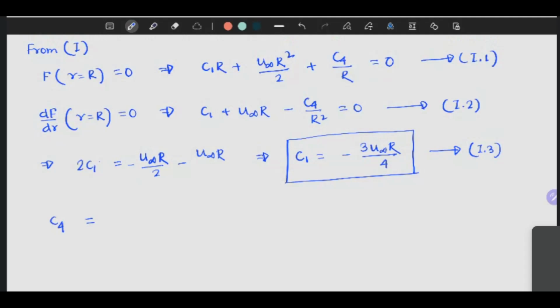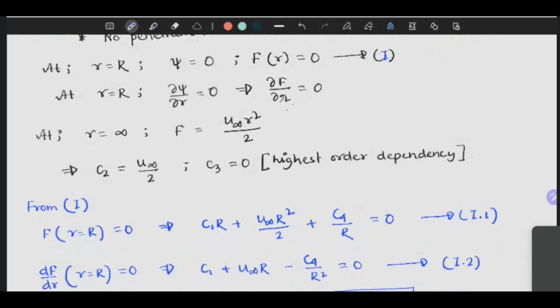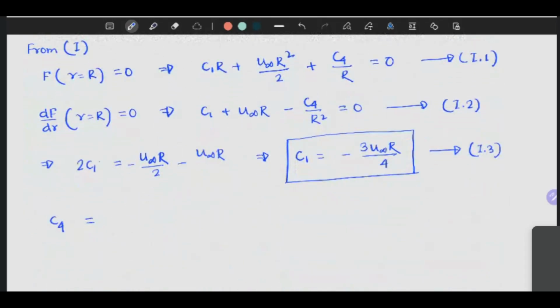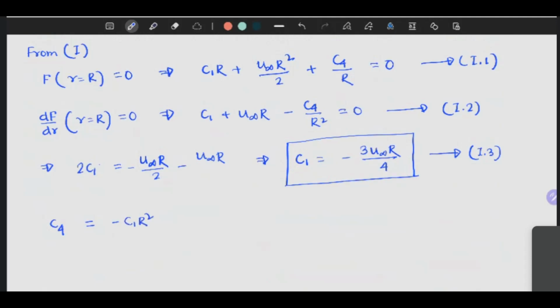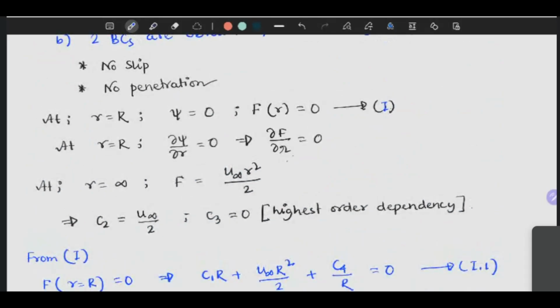C4 will be then, from these calculations, minus C1 R square. So this is in this relation.